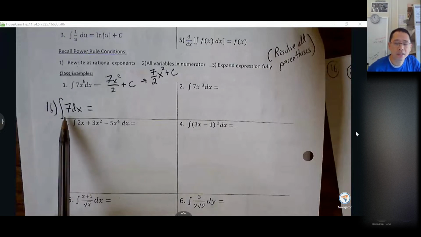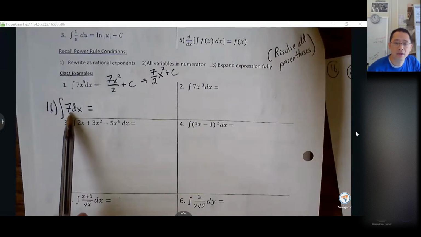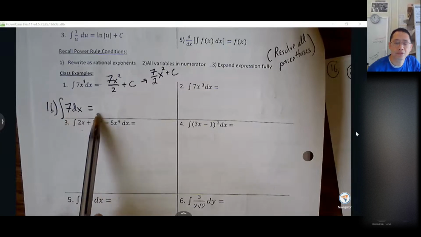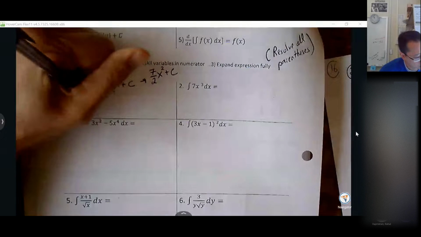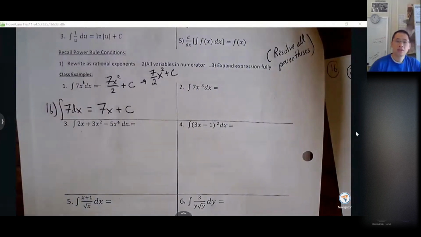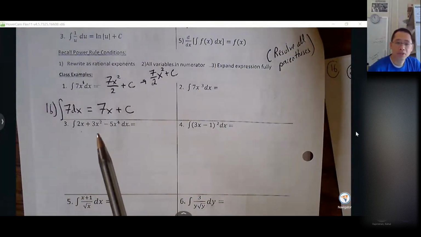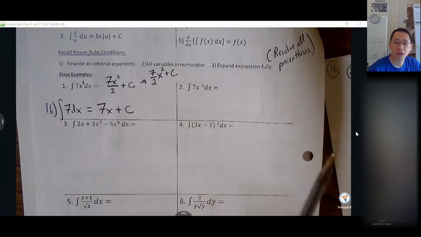Now 7 has a variable x to what power? 0. So 7 is going to turn into what? 7x, that's right, plus c. So every degree is going to rise by 1.